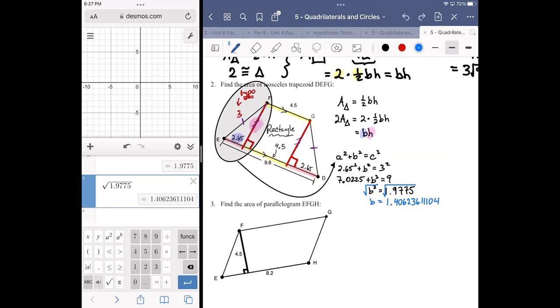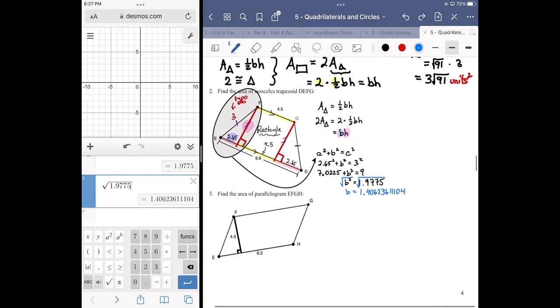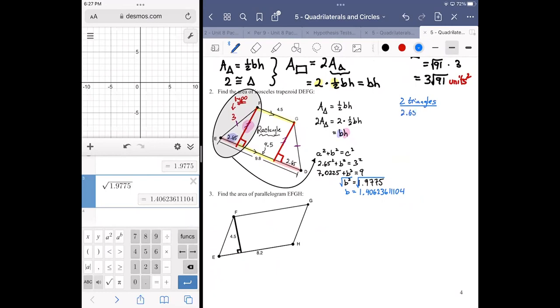All right, so we now have enough information to figure out the area of this trapezoid. So I'm going to take the base of 2.65. Right, so I'll work on the 2 triangles first. I'm going to take the base of 2.65 and multiply it by the height that we just came up with, 1.406, blah, blah, blah.